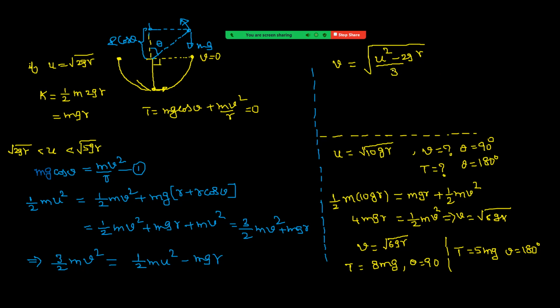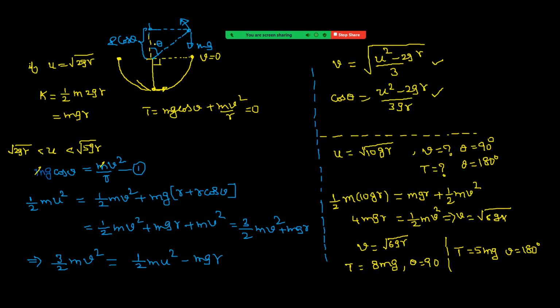Here the mass gets cancelled, so cos theta equals v square by gr, which means (u square minus 2gr) by 3gr. This is the speed when tension becomes zero, and this is the corresponding angle, the angle made by the string with the upper vertical.